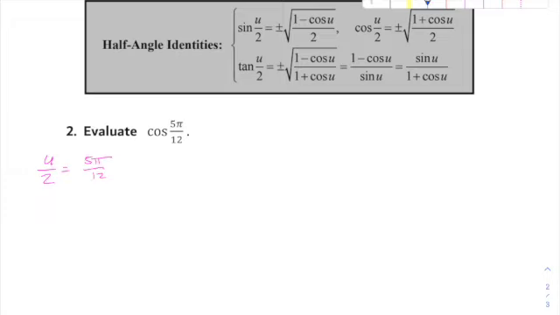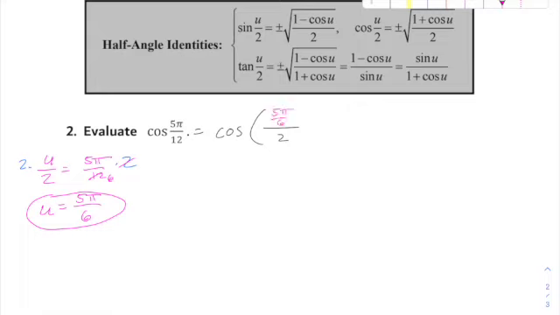So basically double that 5 pi over 12 to come up with the u value that you're going to use. And that is 5 pi over 6 when you multiply by 2, right? Okay, so the u value is 5 pi over 6. So cosine of 5 pi over 12 is equal to cosine of 5 pi over 6 divided by 2.